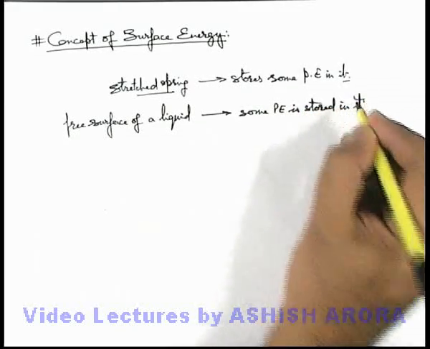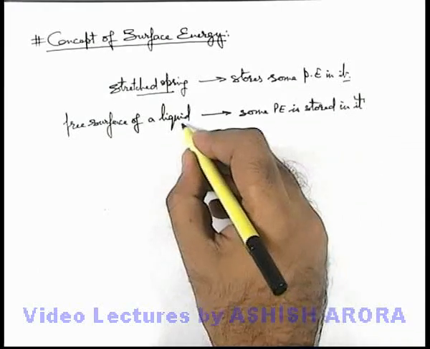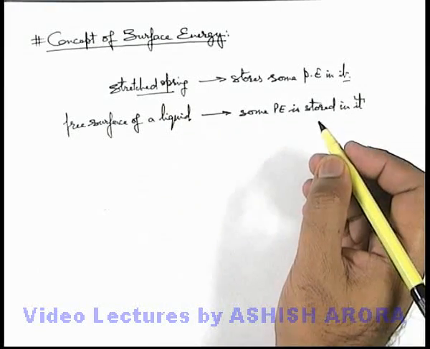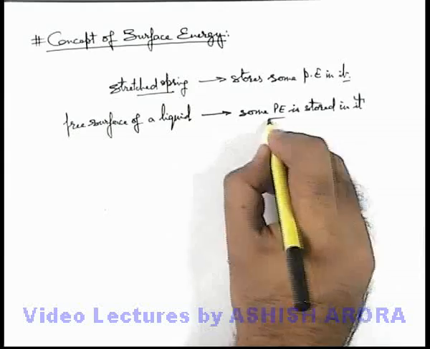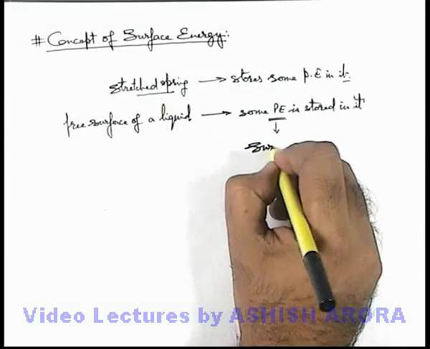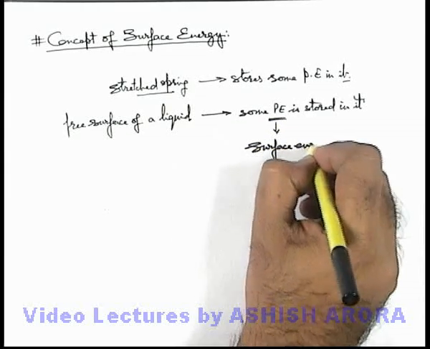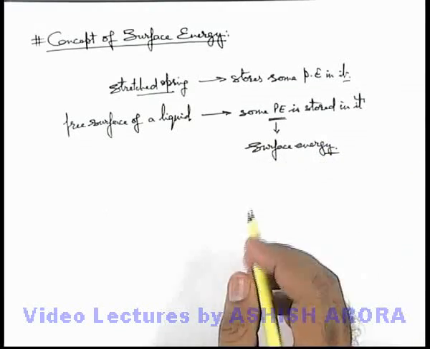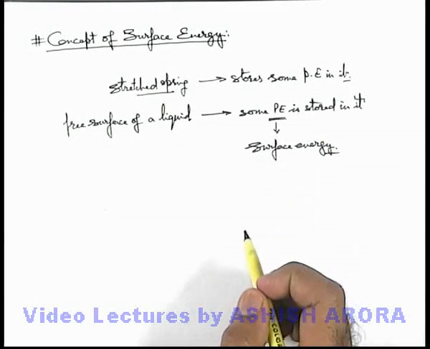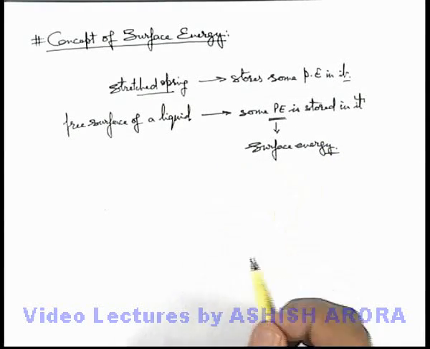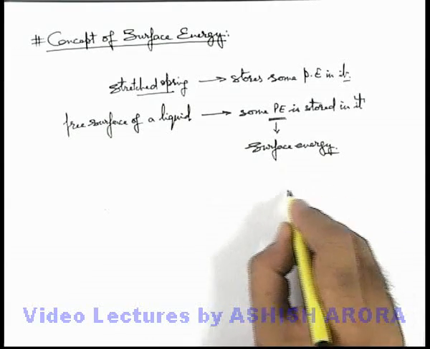And this energy is only stored in the surface of the liquid, which is behaving like a stretched membrane. That's why this potential energy is termed as surface energy. So let's analyze the surface energy mathematically, and to understand the surface energy, let's have an experiment.